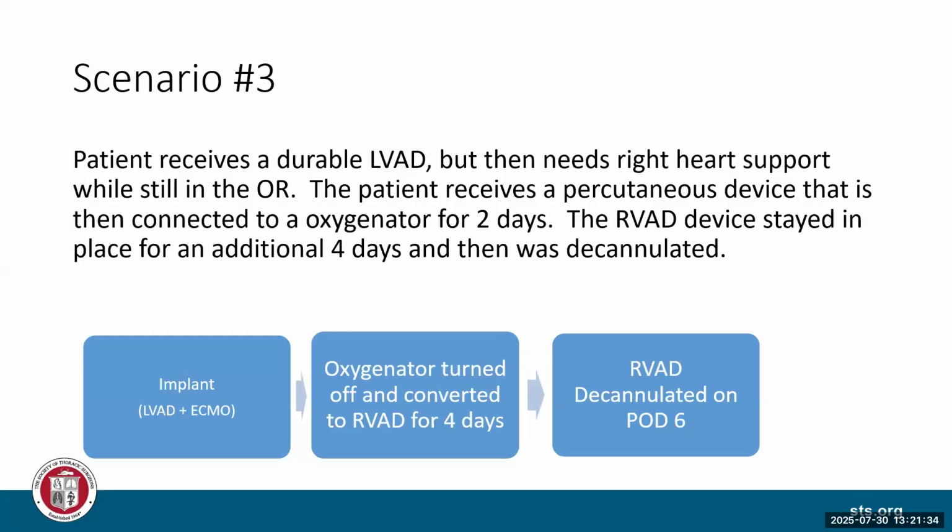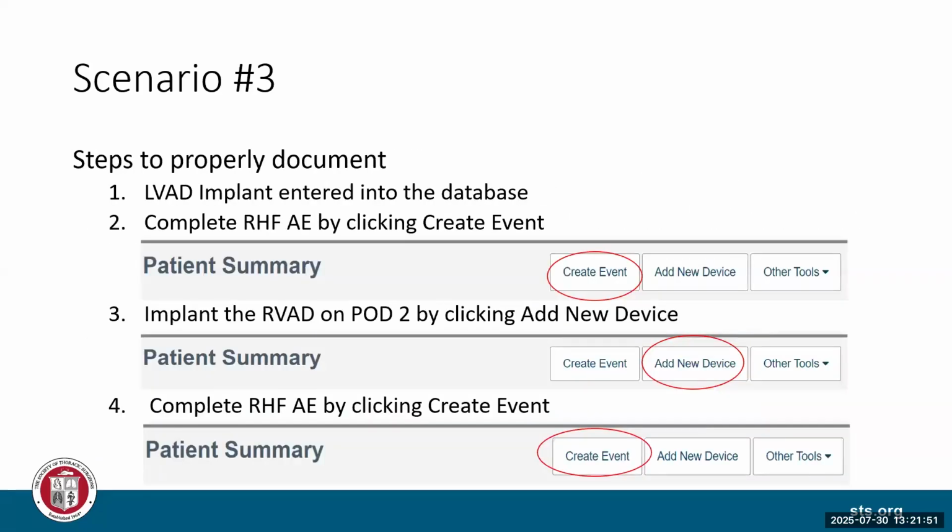And then once the oxygenator on the RVAD is turned off, it's then added as a new device in the database because it's an RVAD, not ECMO. Does that make sense? Good.